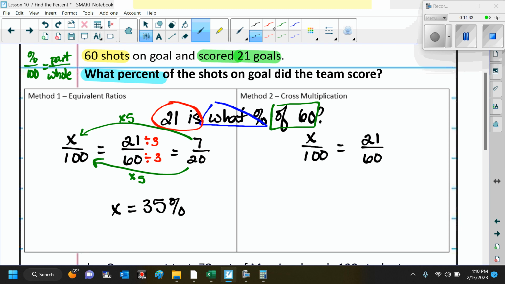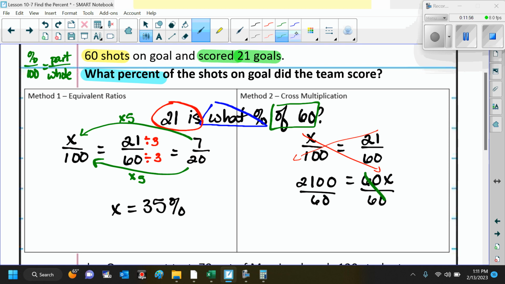On the other side, we can cross multiply. So on one side, 21 times 100 is 2100, equal to x times 60, which is 60x. Then we're going to divide both sides by 60.